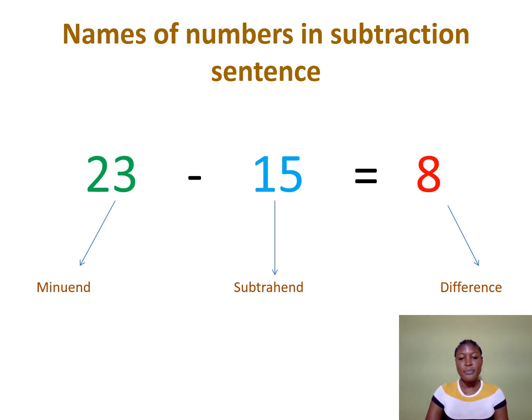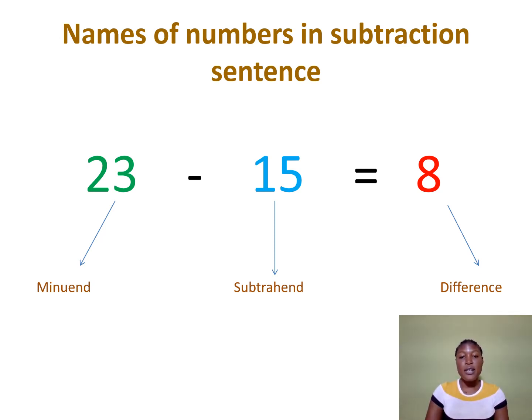Good. And the second number is pronounced subtrahend. Subtrahend. Good. So now you can pronounce their number names. And then the last one is called difference.